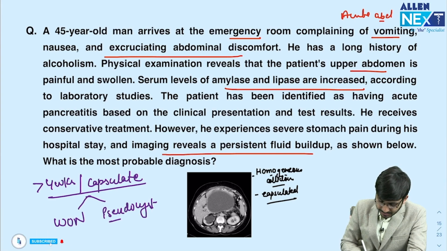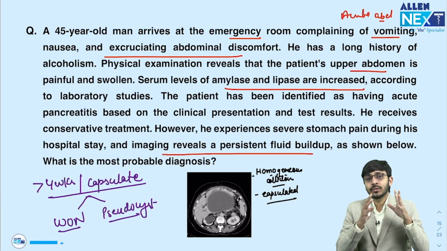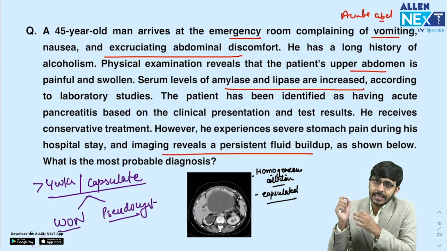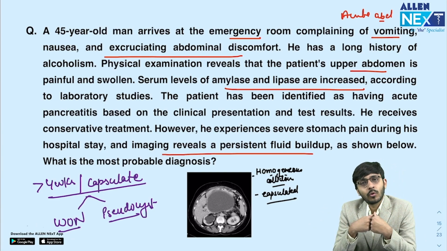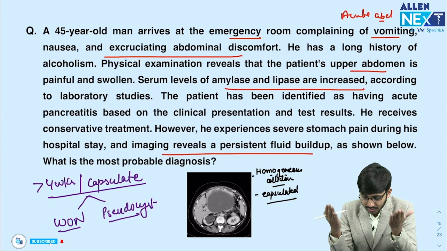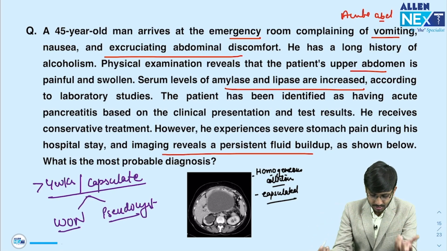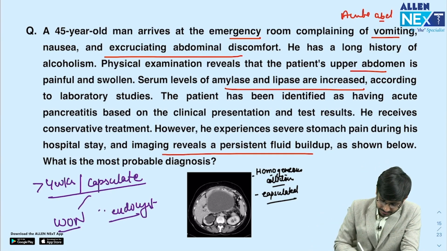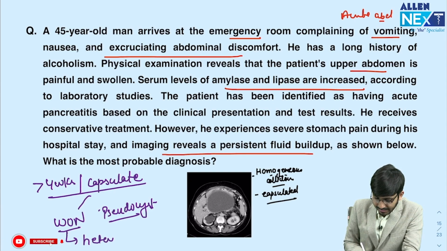Now, how do you differentiate? It depends whether there was necrosis or not in the initial scan. Now, we haven't been provided with the initial scan, but this collection that is provided to us is appearing very homogeneous. So, it is a pseudocyst. Now, walled-off necrosis has a collection which has heterogeneity.